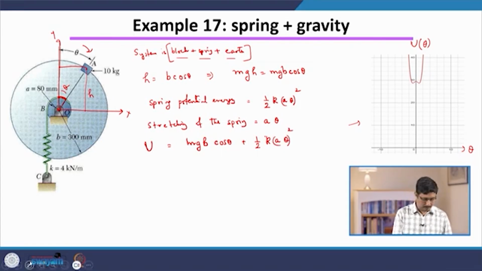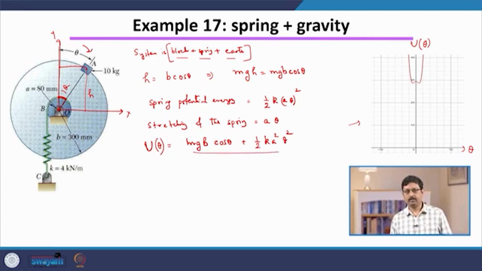Now you see that there is only one variable on the right hand side, and hence this is a profile of potential energy with a single independent variable theta, and you can draw it. And what I have shown on this picture here is nothing but this particular function.